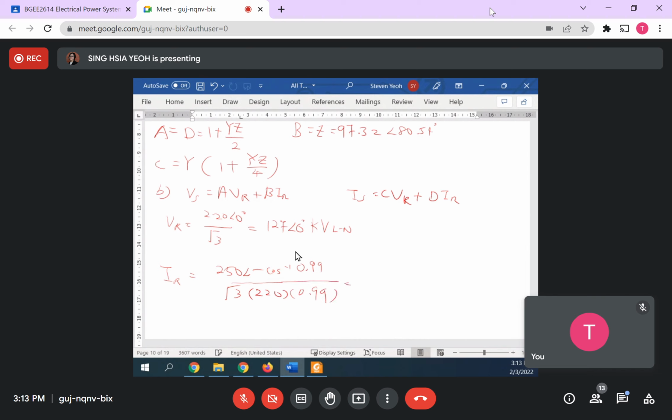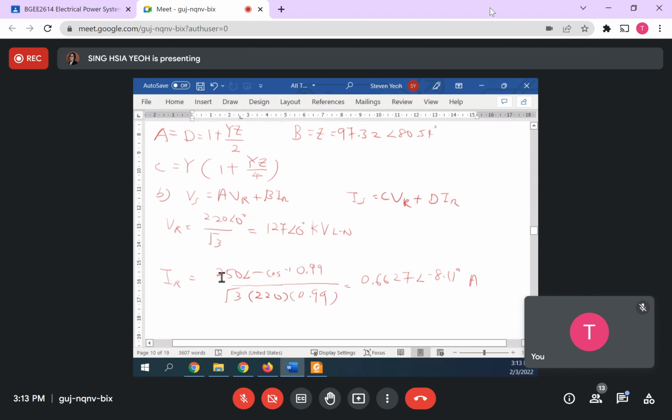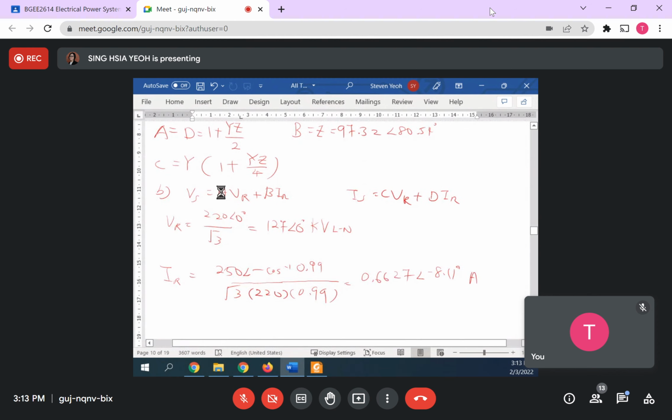Then you get IR as 0.6627 angle negative 8.11 degrees kA. Then you get this VR and IR. Once you get VR and IR, substitute in here, multiply with the ABCD that you got from part A, then you get VS and IS. Any problem here?